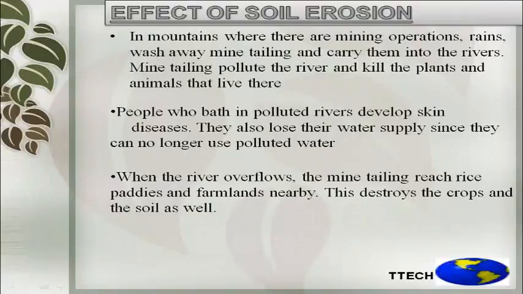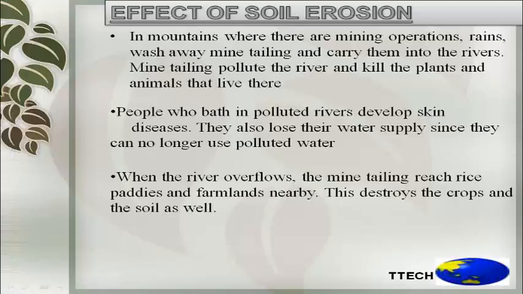Now, in mountains where there are mining operations, rains wash away mine tailings and carry them into the rivers. Mine tailings pollute the river and kill the plants and animals that live there. People who bathe in polluted rivers develop skin diseases.